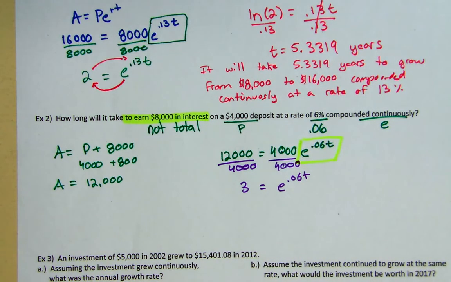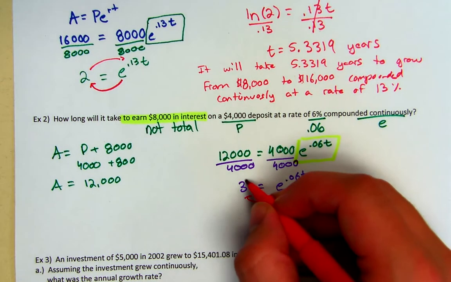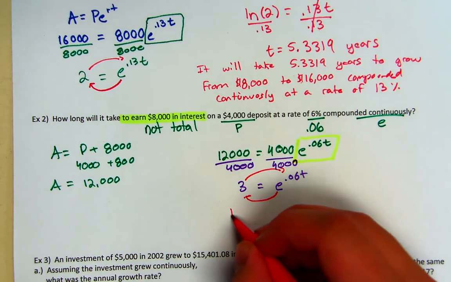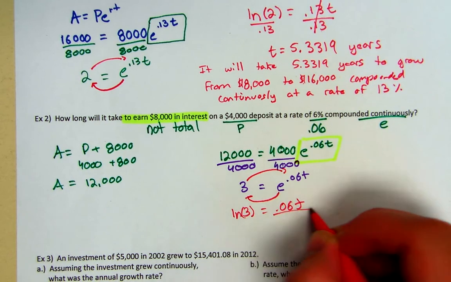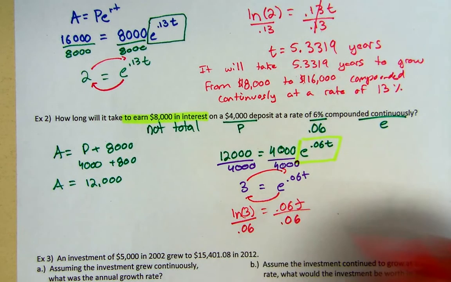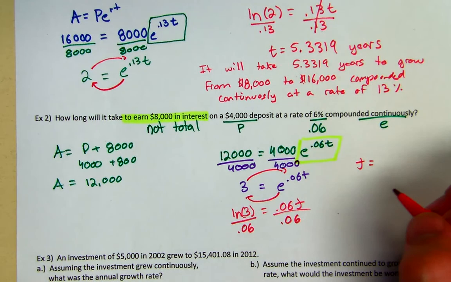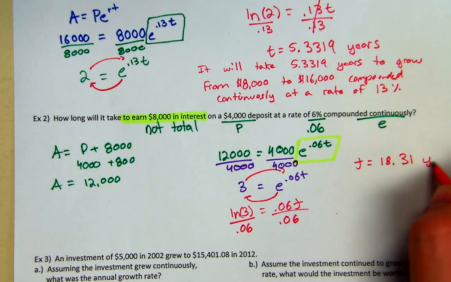And again, I'm ready to change. So natural log of 3 equals 0.06t. Divide by 0.06, divide by 0.06. T is going to end up being 18.31 years.